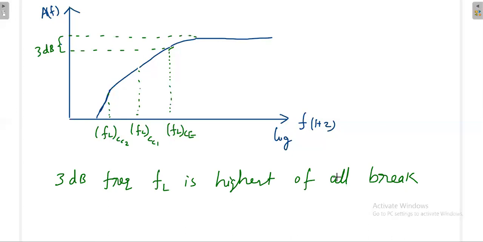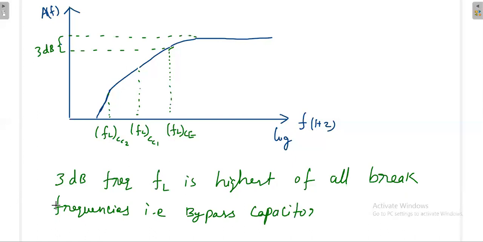Exactly, that's why it is called the highest of all break frequencies. That is due to the bypass capacitor.